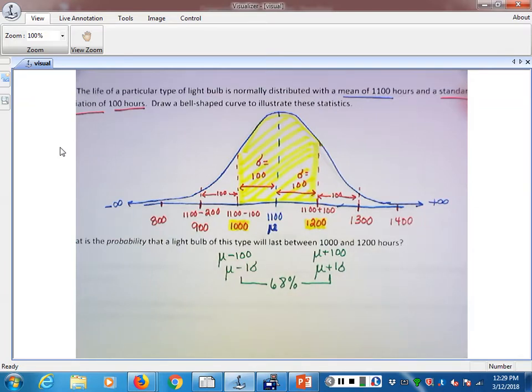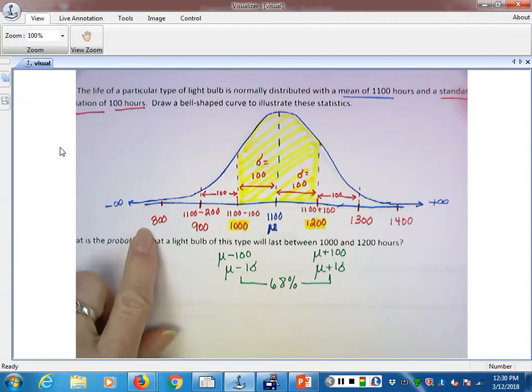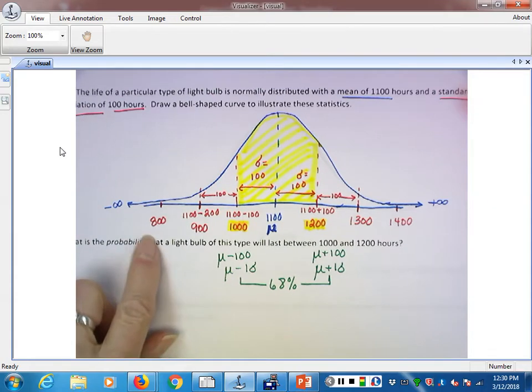Okay? The curve represents probability. And one thing to remember that I haven't mentioned, but you have two things about probability you always know to be true.